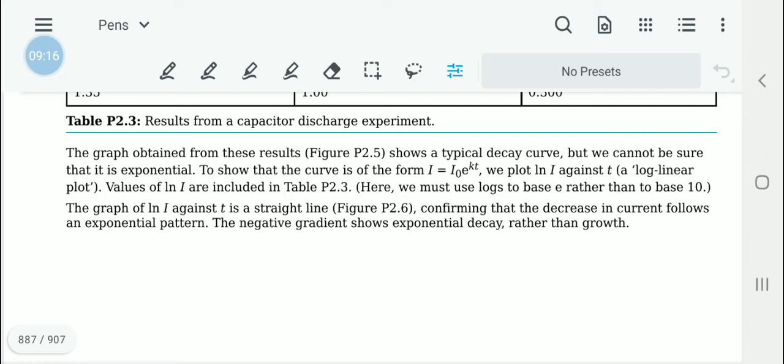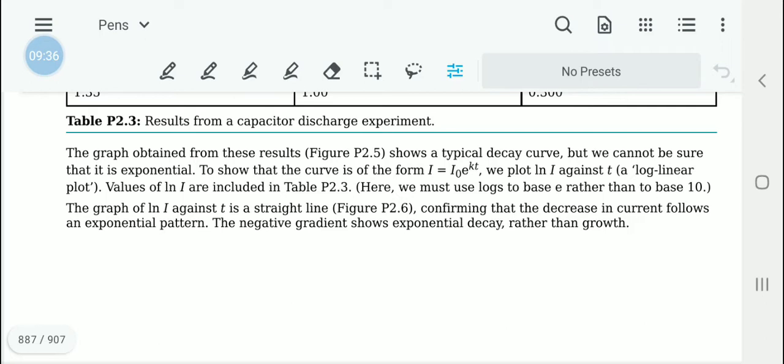So to see that it is in the form of I equals I zero e to the power kt, we plot the natural logarithm of I against t graph. This is known as a log linear plot.